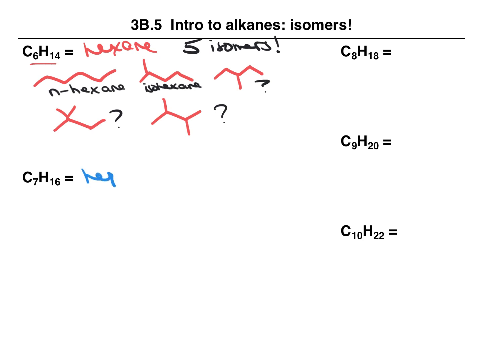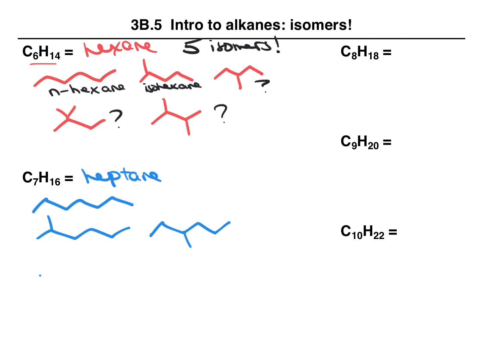C7H16, now we're looking at heptane. Okay, we can have 1, 2, 3, 4, 5, 6, 7. We can have 1, 2, 3, 4, 5, 6 with a methyl branch, in two different positions. Those are our two options.